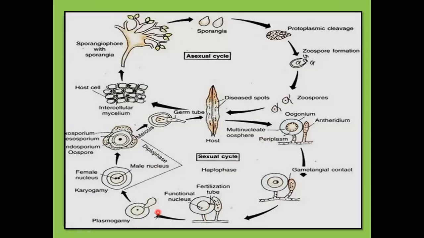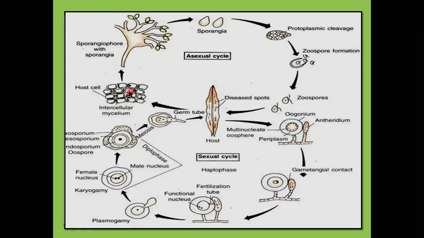Here, the oospores are developed through the contact of the oogonium and antheridium. Oogonium is a female gamete and antheridium is a male gamete. These oogonium and antheridium fuse with each other, and finally the sexual oospores are formed. Then this is the infected leaf, where spores are already developed.